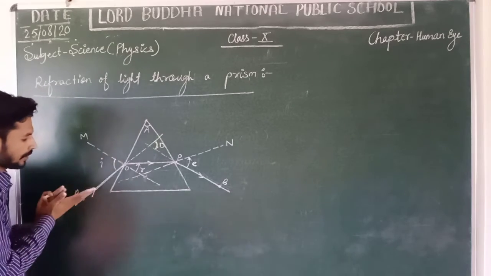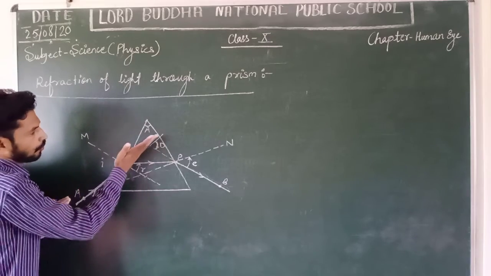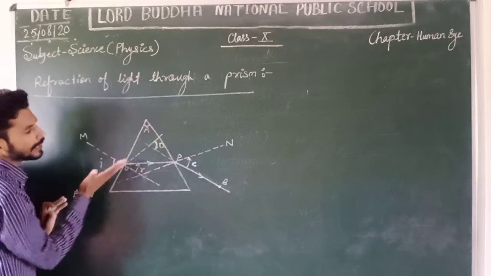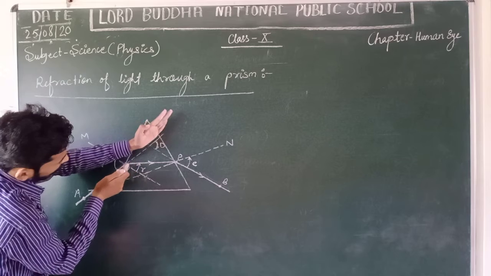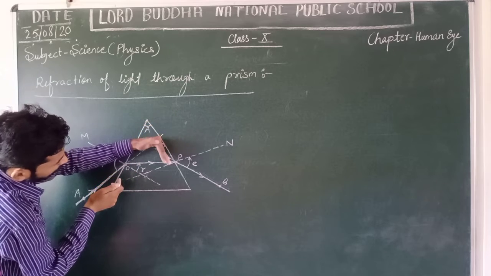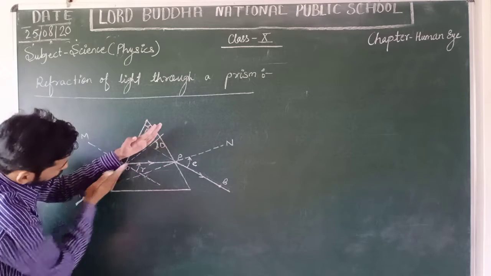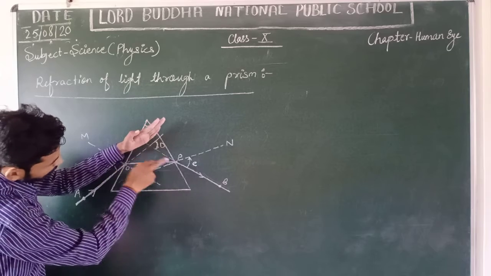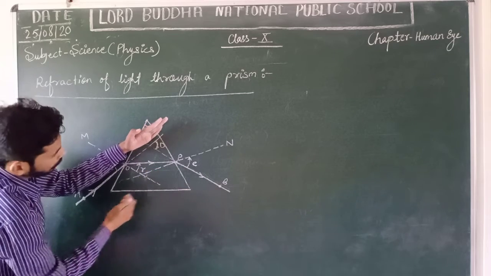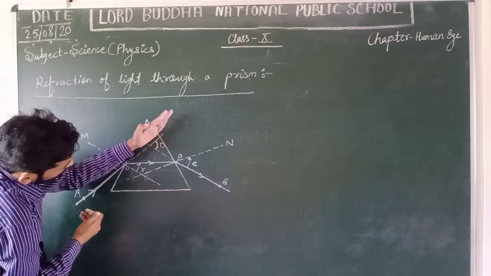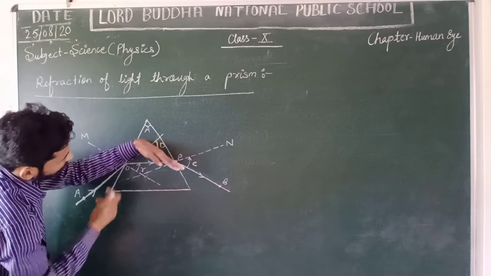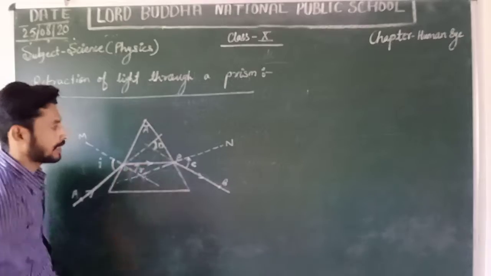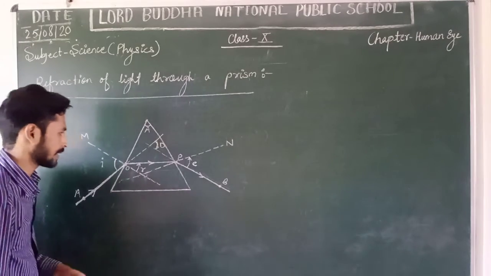So the emergent ray is at some angle from its original path. This is the original path, but this is the final actual path. So you can say the incident ray is deviated by angle D, that is the angle of deviation.